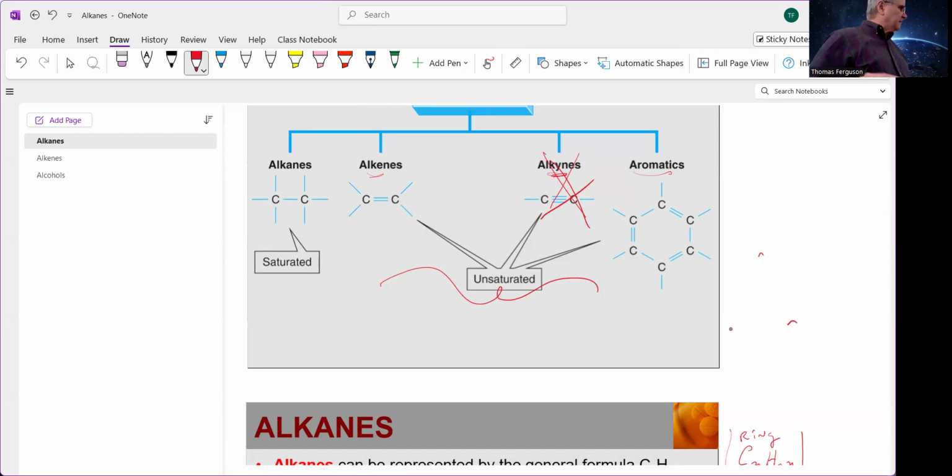They're all over the place. Aromatics, that's a special breed we're going to talk about next week. Aromatics are a special combination of single and double bonded molecules, and they're very, very stable. That's why they form these particular structures. Those are very prevalent in our bodies also.